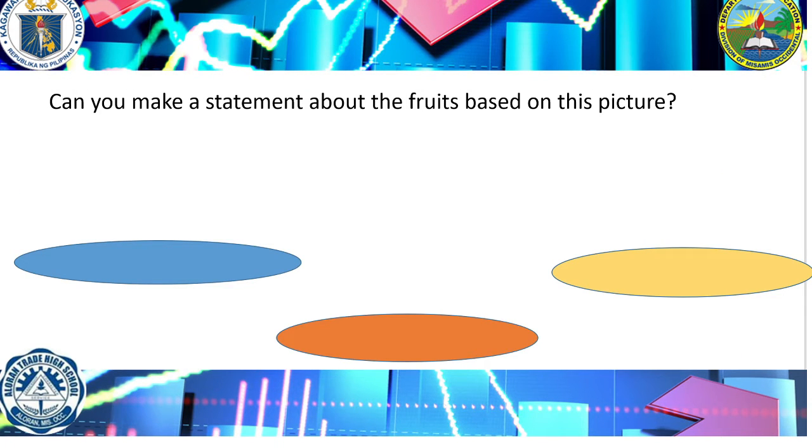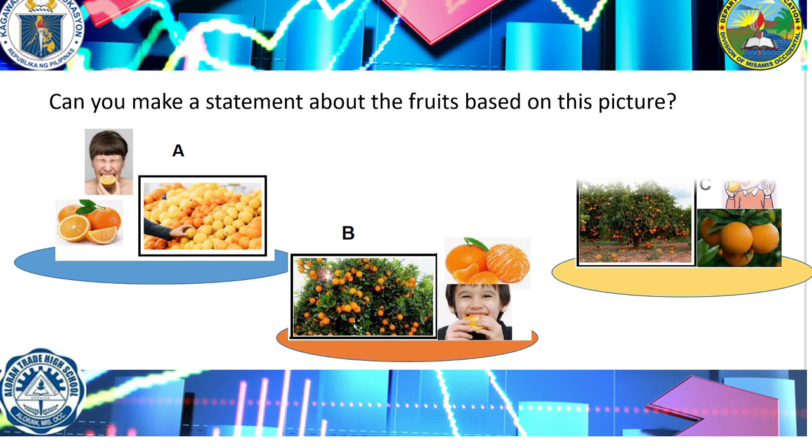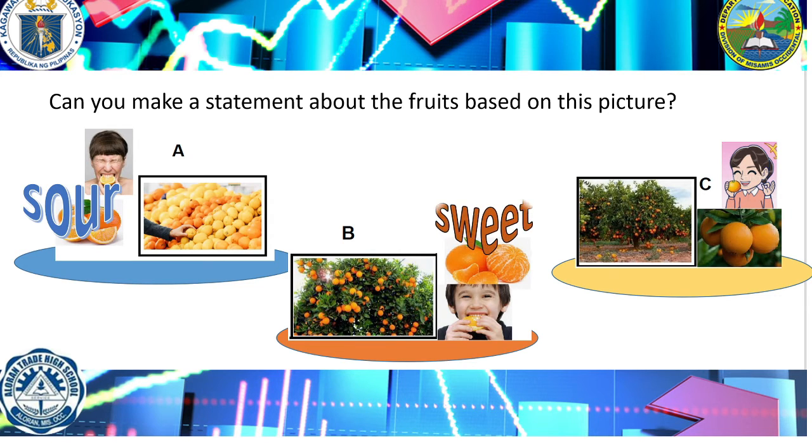Now, can you make a statement about the fruits based on this picture? From picture A, we can conclude that the orange fruit is sour. From picture B, we can conclude that the orange fruit is sweet. And lastly, from picture C, we can conclude that these oranges from these fruit trees are just perfect.